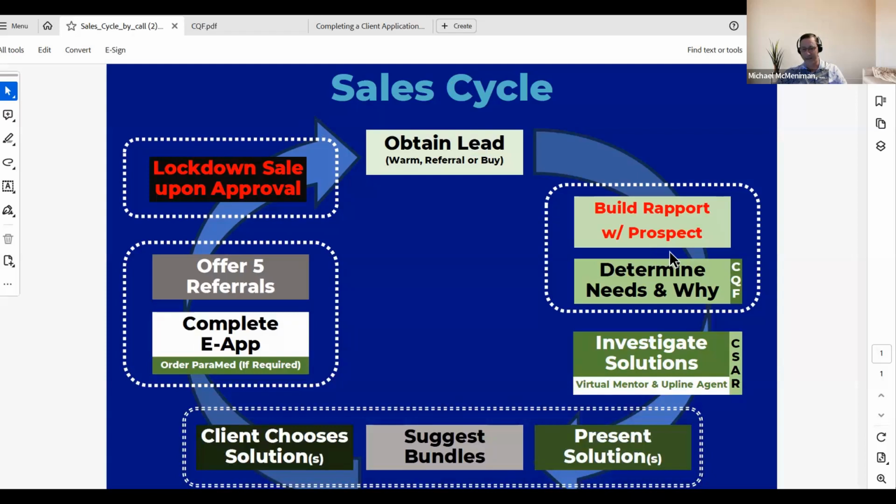First contact, generally 10 to 15 minutes. Second conversation, generally 30 minutes if they're saying no, 60 minutes if they're saying yes, could be longer, depending on the application you're filling out. The lockdown sale, 5 to 10 minutes plus the time it takes to get referrals.